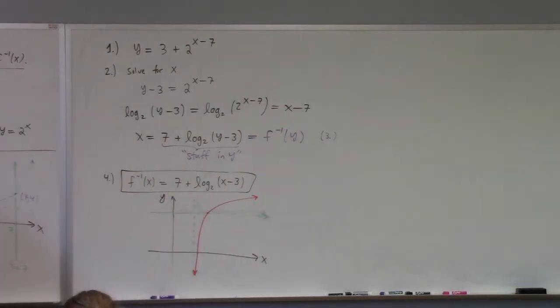And if I could do that properly, you'd see that the red line is the reflection of the blue one across the line y equals x.